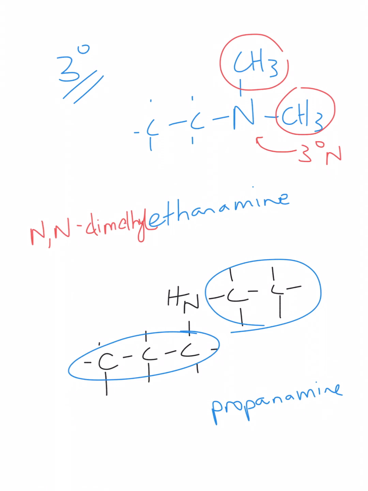It is connected to the nitrogen, so it is N-ethylpropanamine. That could all be one word there. Finally, is this a primary, a secondary, or a tertiary amine? The answer is, it's a secondary. Notice this nitrogen is connected to 2 carbons.